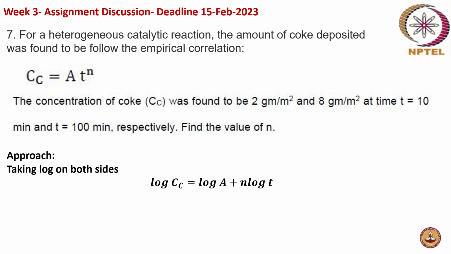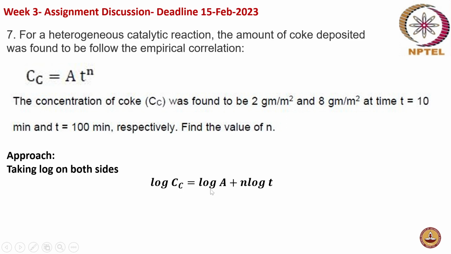Now this expression is also in the form of y is equal to mx plus c, where y is nothing but log Cc, x is nothing but log t, the slope m is nothing but your n value, and the intercept is log A.